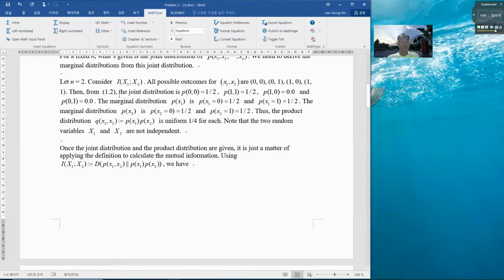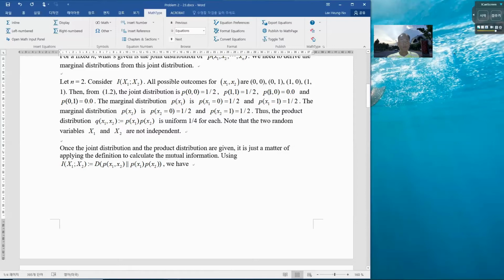Then from equation 1.2, the probability of an even sequence is 2 to the power of minus (n minus 1), with n equal to 2. For 00, since both are zeros, that is an even number of ones, so this probability is 1 over 2. And the probability of 11 is also an even number of ones, so it is 1 over 2 as well.